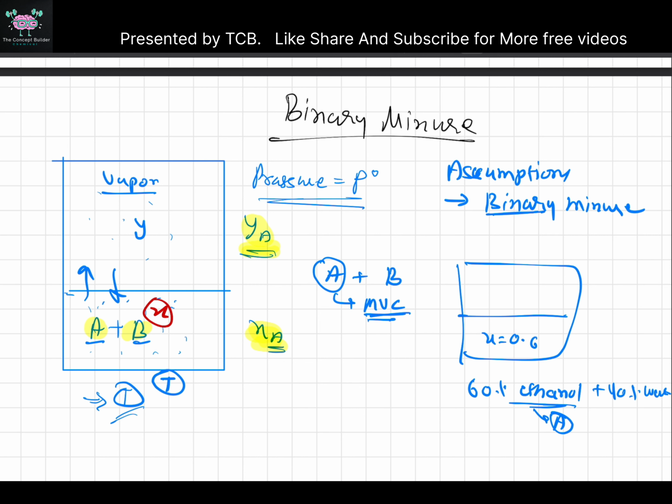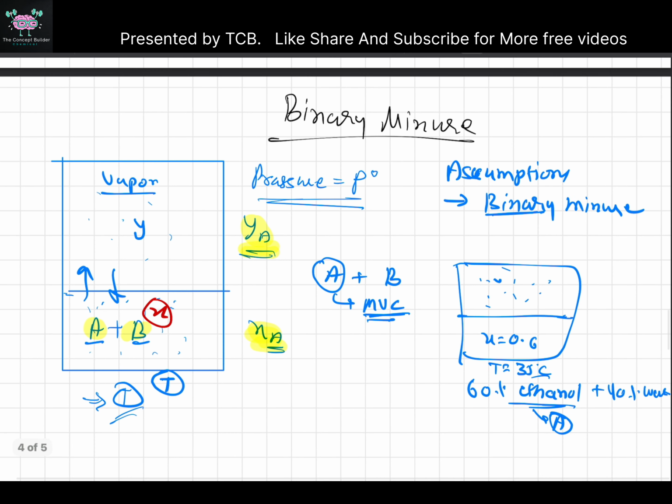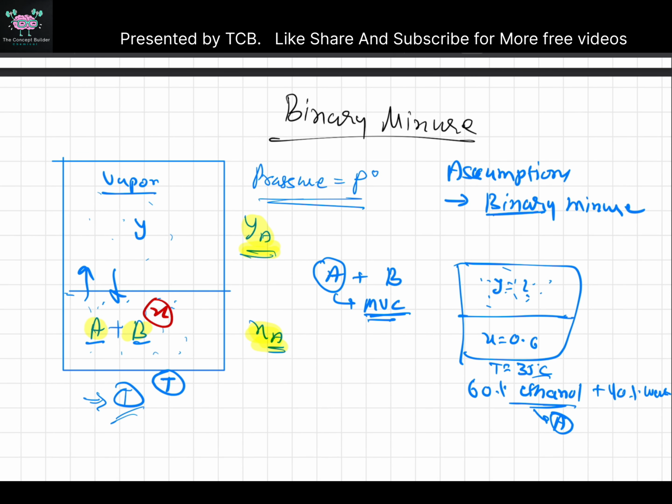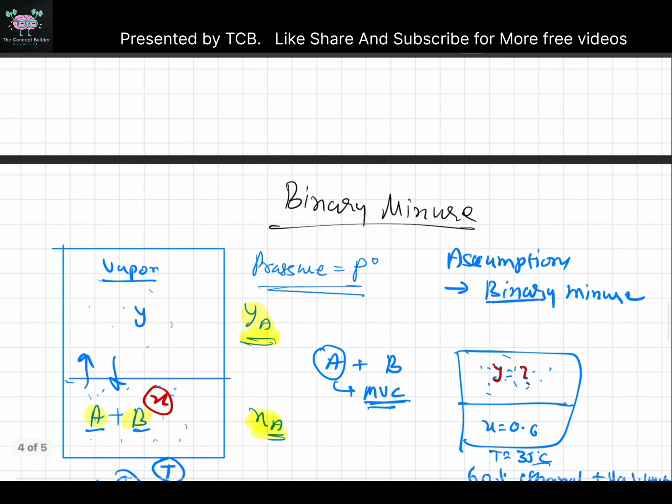So if X here is 0.6, and assume that at a temperature of, let's say, 35 degrees, I maintain this mixture, its vapor that will be produced at equilibrium will have composition Y, but how much it will be, that we can find with the help of the TXY diagram. So that's the basic idea, that it's at equilibrium only.